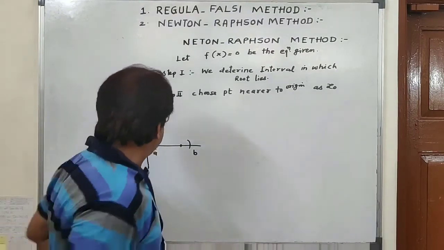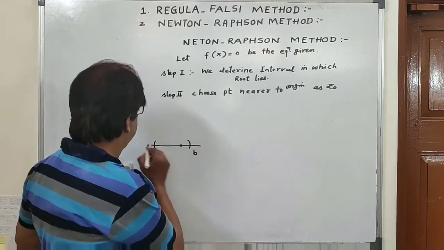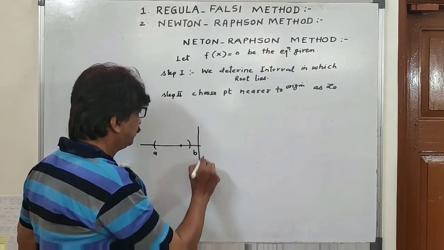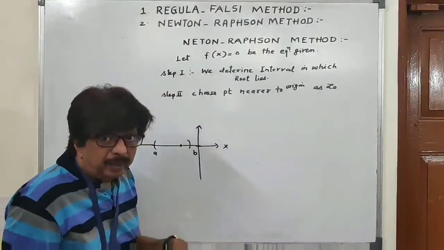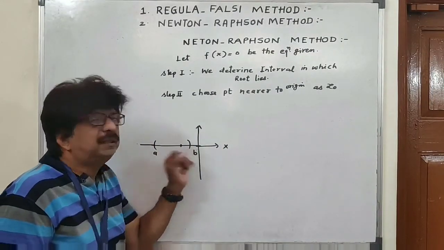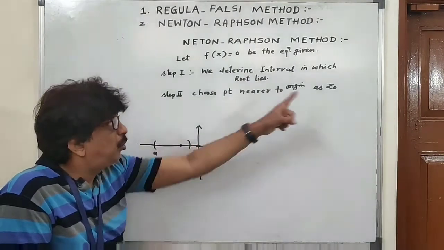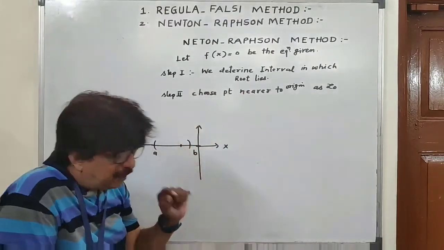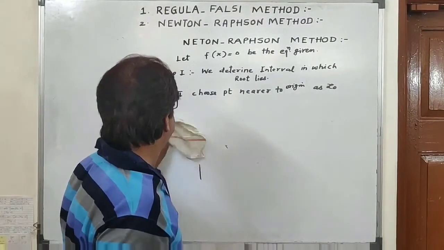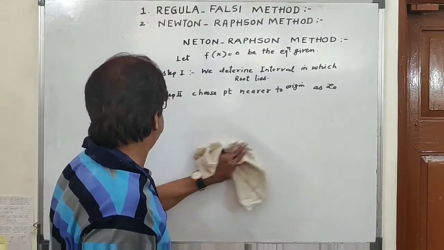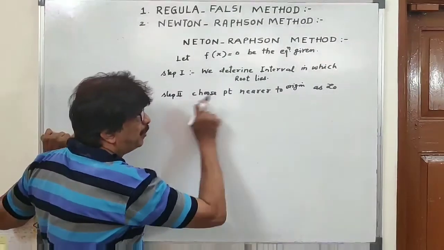On the contrary, if the axes are something like this, for this interval we see that B is nearer to the origin. So we choose x0 equal to B here. So x0 is to be selected like this by using this rule.